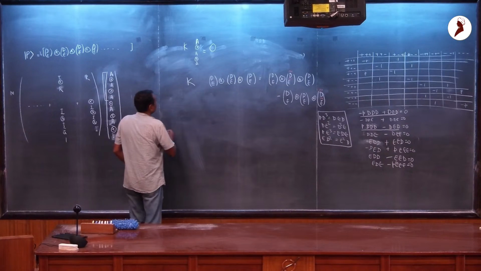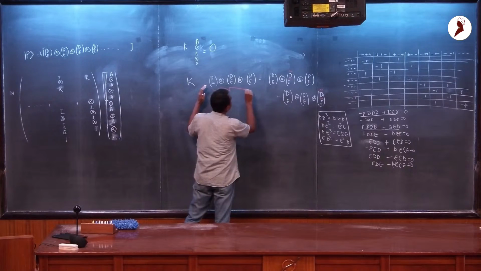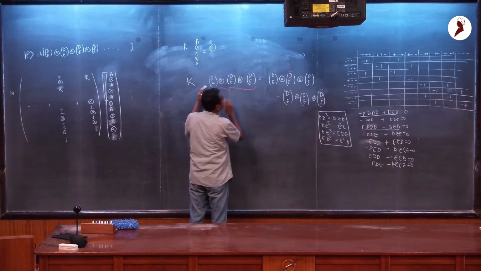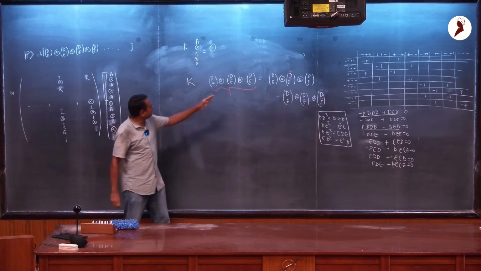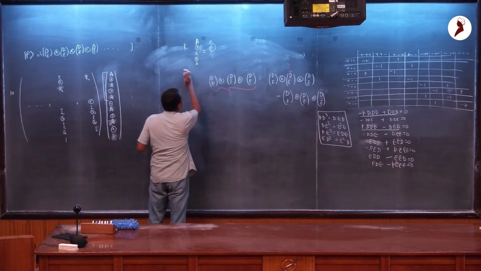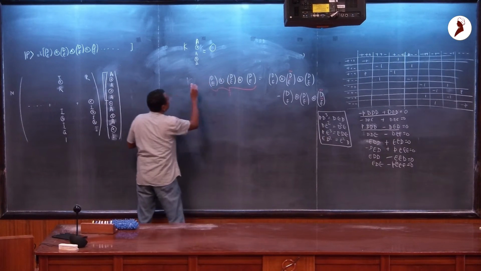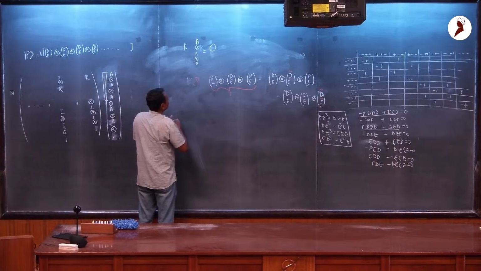Let us see this. So this is at some place which is I. This is the one where your operation takes place. And then, of course, K is operating on this, but before that also there is a DE.